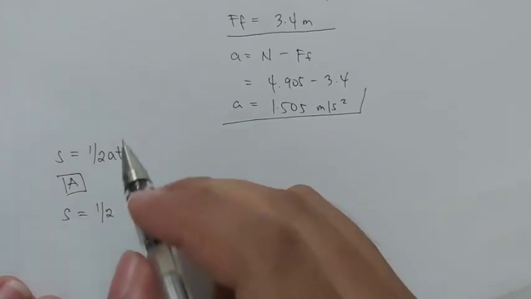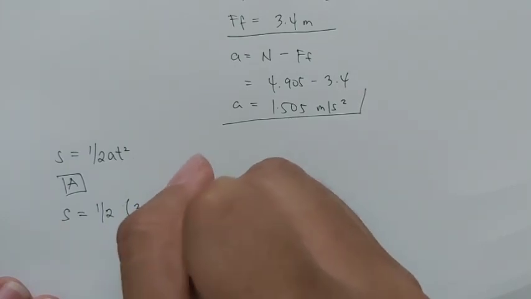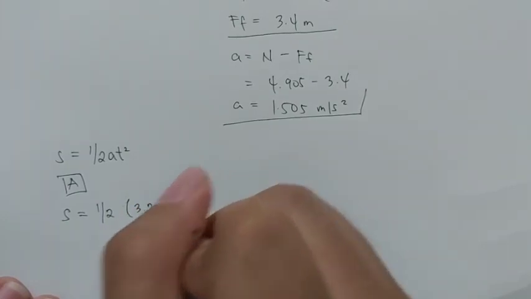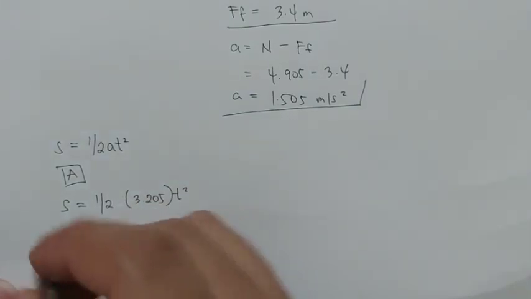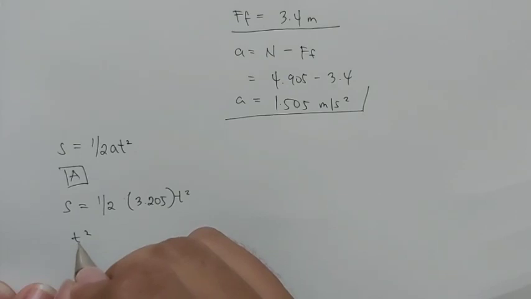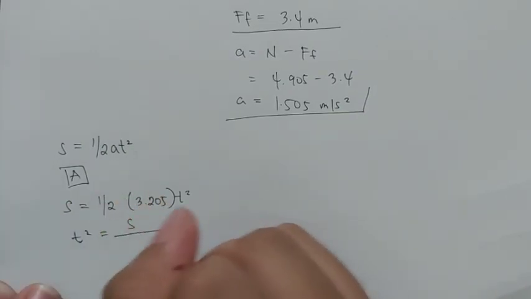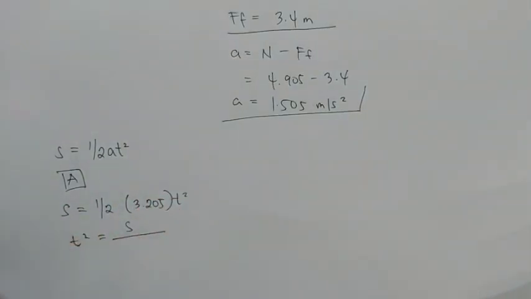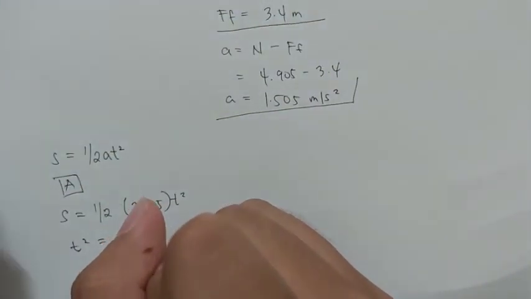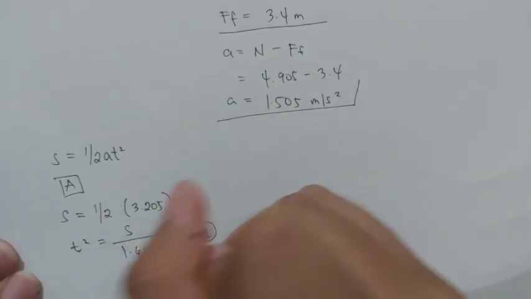So, meron tayong acceleration for block A na 3.205, times t squared. Therefore, you can see that t squared, so to solve for time, we must get the t, this side, is equal to s all over 1/2 times 3.205, which is 1.6025. So this will be our equation 1.